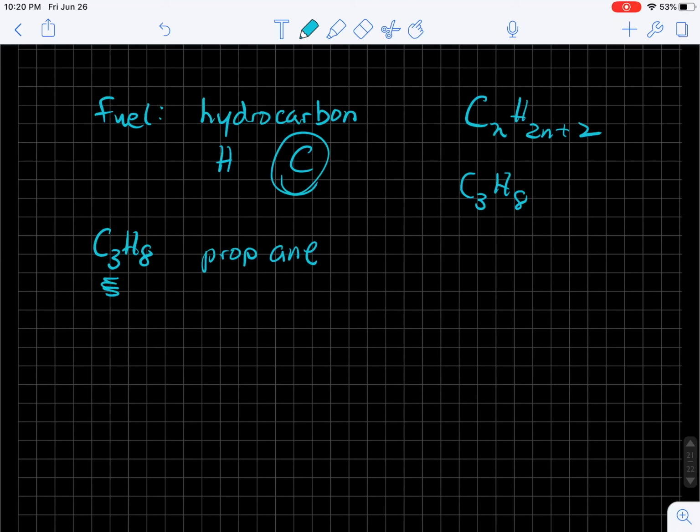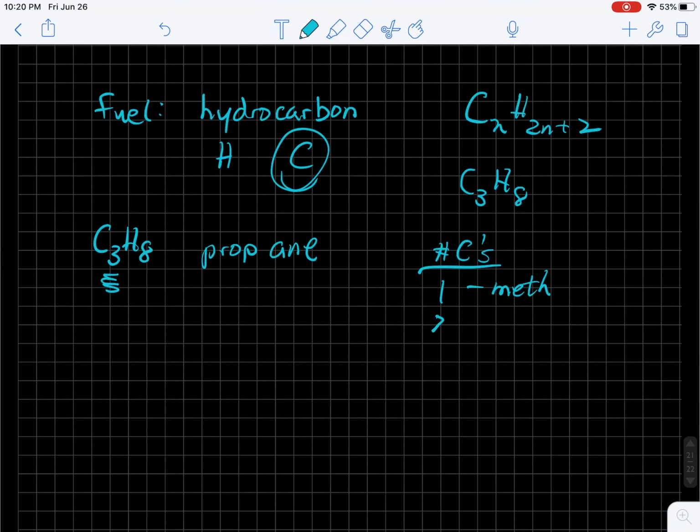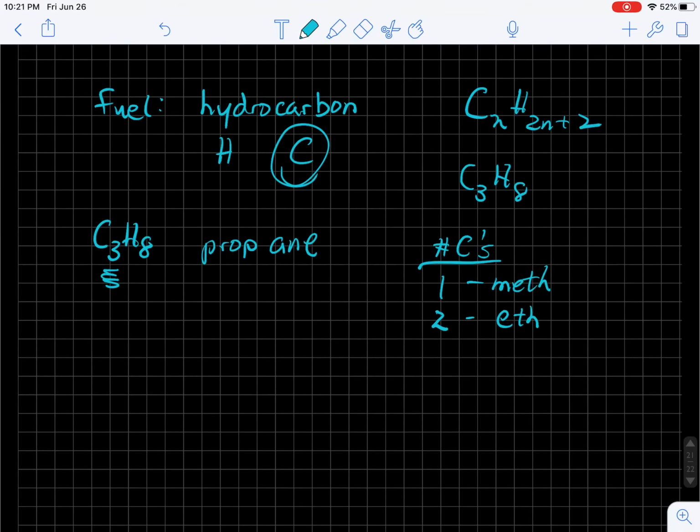Now, the name comes from the number of carbons, and it's a little different than what we did in the last video. For instance, if you look at the number of carbons in the structure, if there's 1, we're going to have meth somewhere in the name. So yes, methamphetamine is an amphetamine with a 1 carbon stem on it. 2, they use the term eth to represent 2.